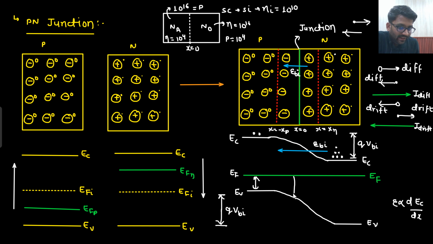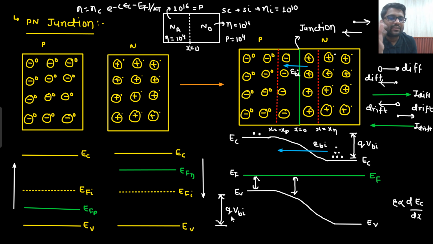Here also there is a certain gap, no? The gap is not infinity, right? What does that mean? That means surely some electrons and holes are present here. What does this gap represent? Do you remember the equation n equals Nc e to the power minus (Ec minus Ef) by kT?